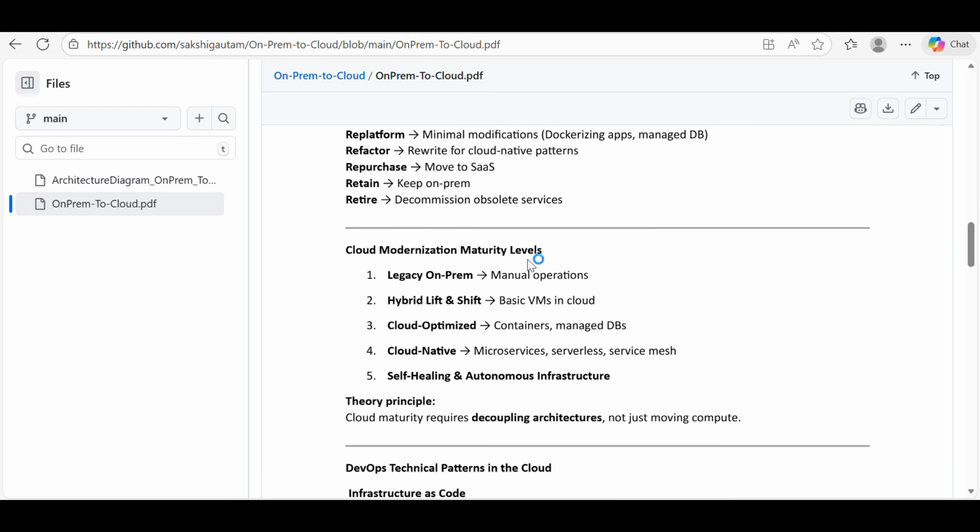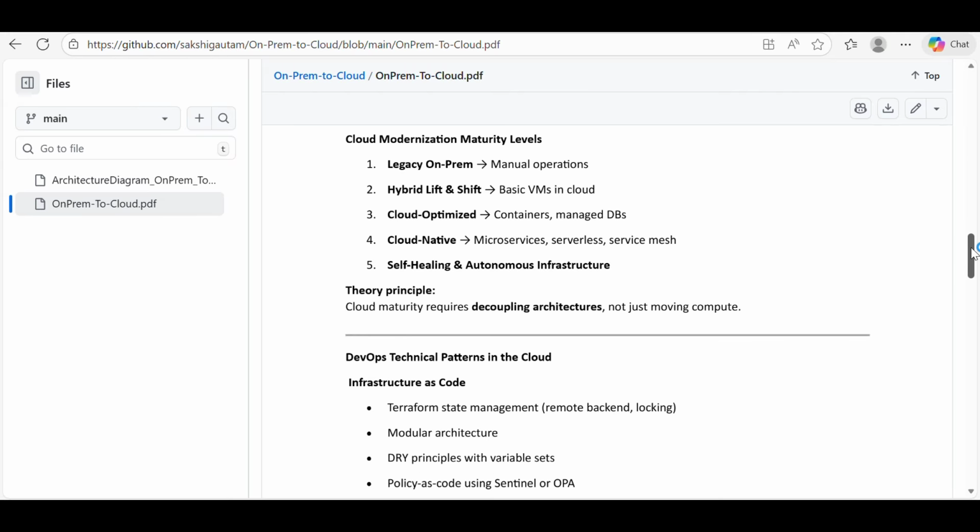Cloud modernization maturity levels: legacy on-prem with manual operation, hybrid lift and shift with basic VMs in cloud. Cloud optimized, where we have containers and managed databases. Cloud native, like microservices, serverless, service mesh. Self-healing and autonomous architecture, where we believe in decoupling, everything decoupled, not tightly coupled, so that if anything is wrong, the whole application does not go down.